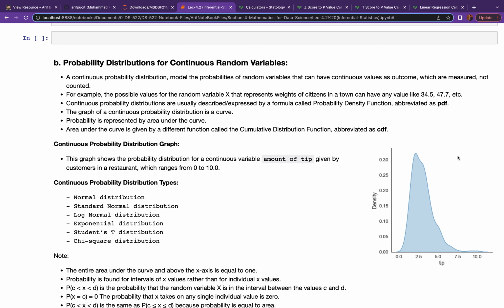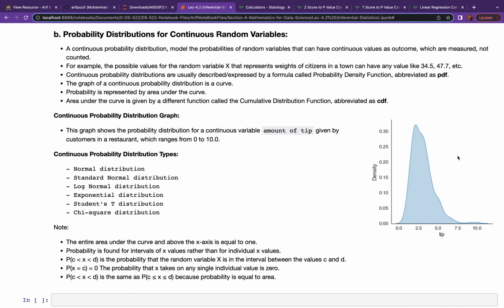On the contrary, in the case of continuous probability distributions, we compute the probability between a range of values, which is the area under that specific portion of the curve. And of course, the entire area of the curve above the x-axis equals 1. This is one of the more important properties of continuous probability distribution graphs.